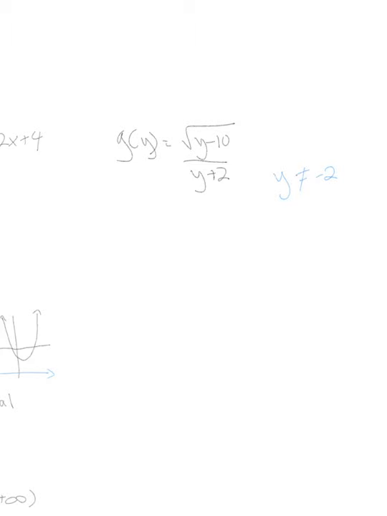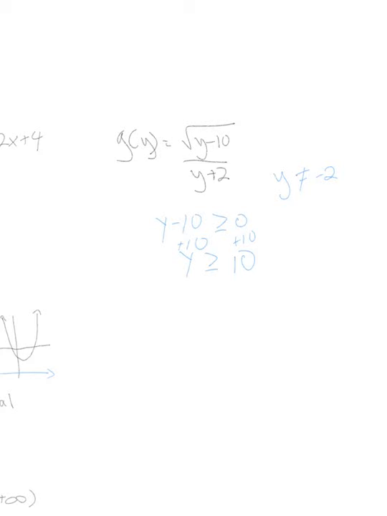So with y minus 10, if we set this up as an equation, y minus 10, we know it has to be greater than or equal to 0. So y also then has to be greater than or equal to 10.